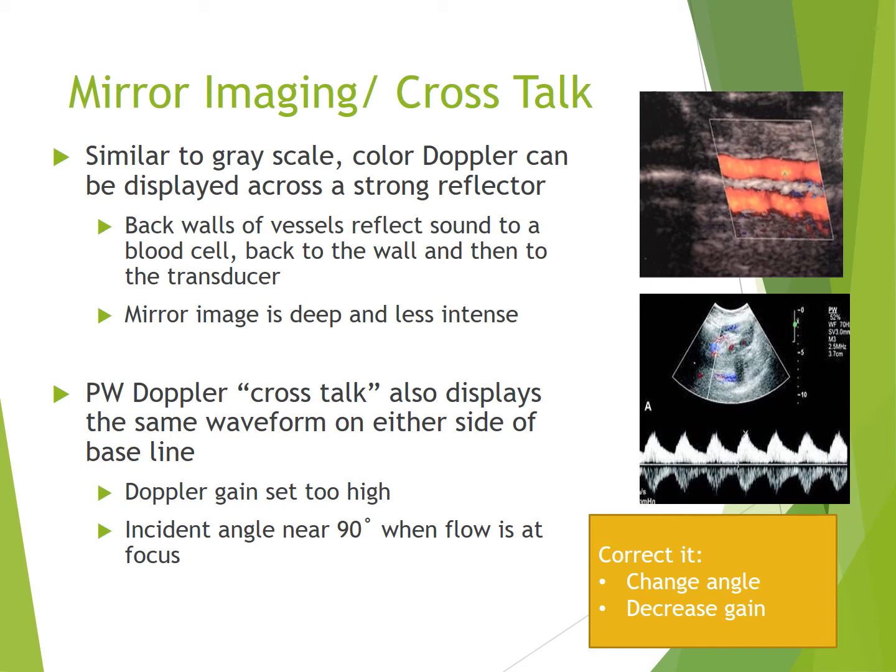We can turn the gain down to get rid of that secondary waveform, or we need to change the angle at which we're coming in relative to how the blood is flowing. If we come too close to 90 degrees, we might catch it flowing in two directions, so we want to change that back to at least a 60-degree angle. So again, to correct mirror imaging and crosstalk, we're going to change the angle that we're coming at the vessels or area that we're Dopplering, and we can try to decrease our gain as well.